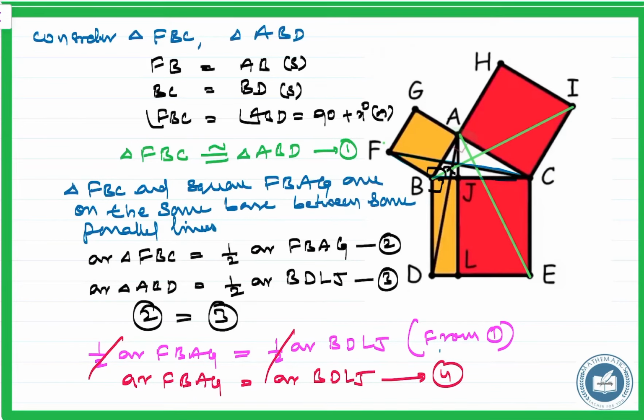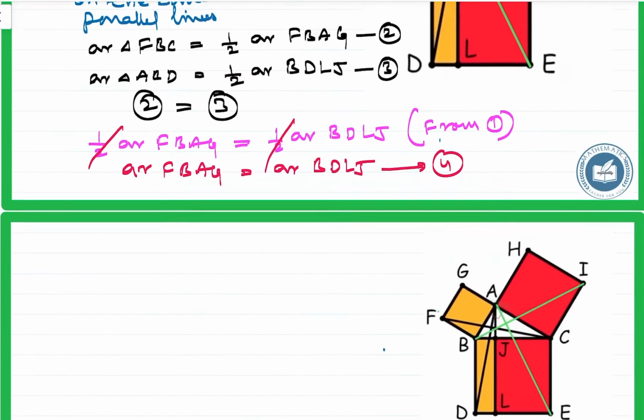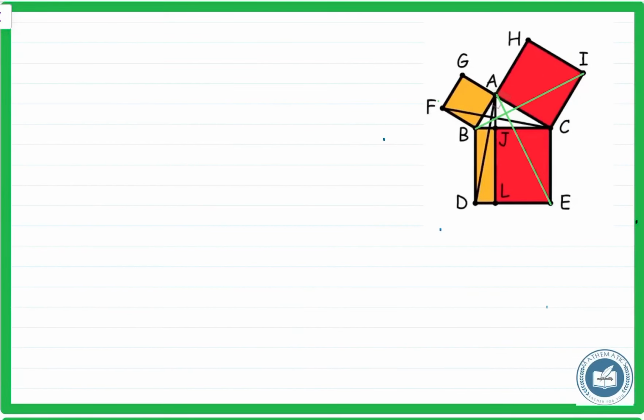Okay, now we go for another. Now we have to consider triangle BCI and triangle ECA.